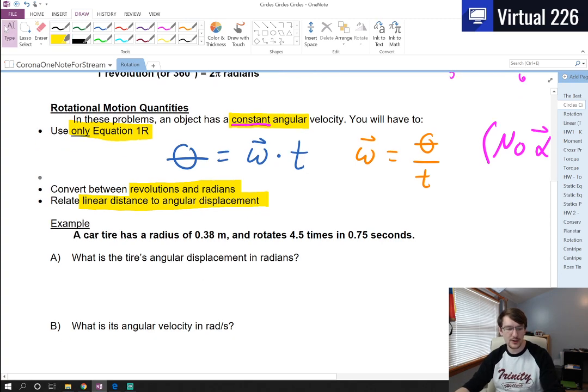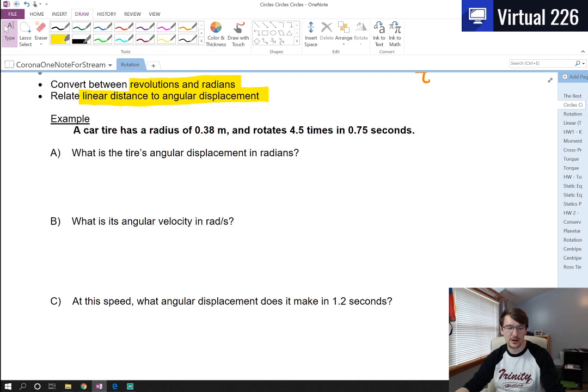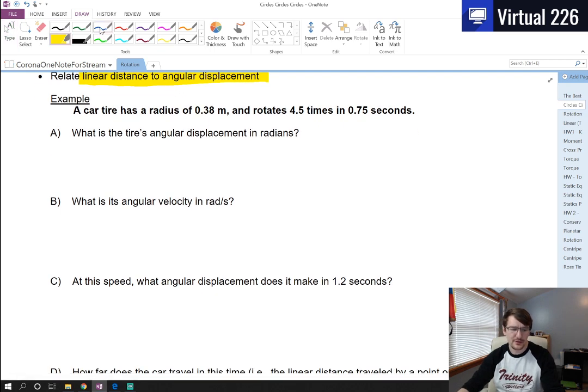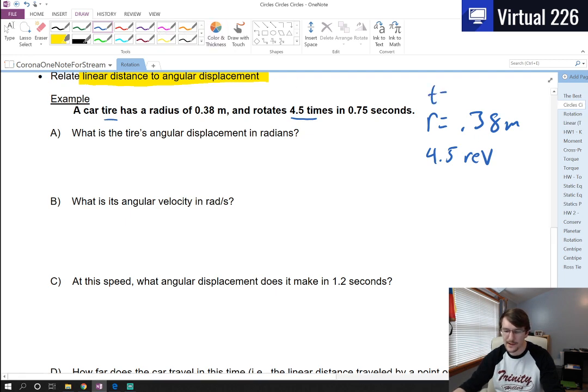So the example we're going to look at here deals with a car, and this car has a tire on it with a radius of 0.38, so I'll note that to the side, r equals 0.38 meters, and it rotates 4.5 times. So that means it has 4.5 revolutions, and it has a time of 0.75 seconds, or 3/4 seconds.